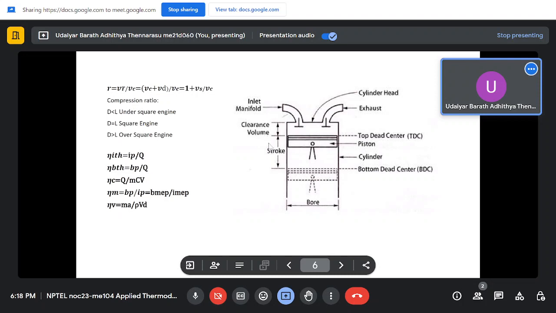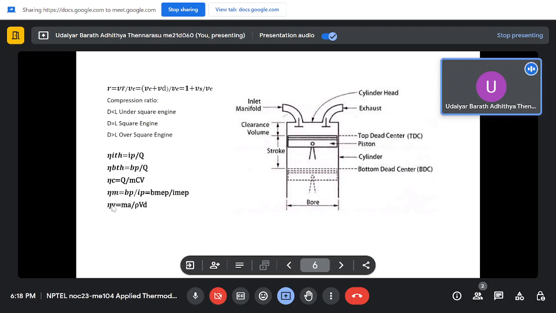So work, in the case of a piston, is generally defined as P delta V, or P into the displacement volume. You generalize that P by averaging it, and that is the mean effective pressure, so that you can find the brake power or the indicated power directly.